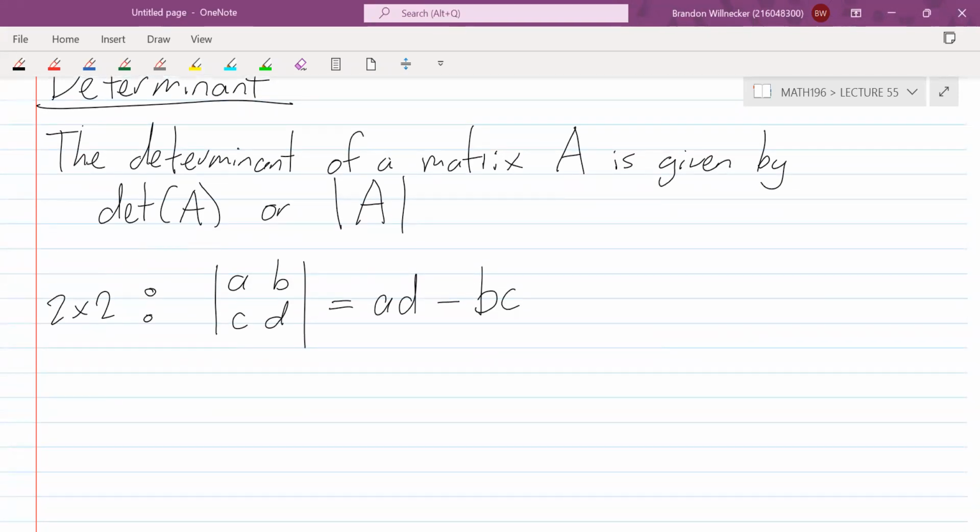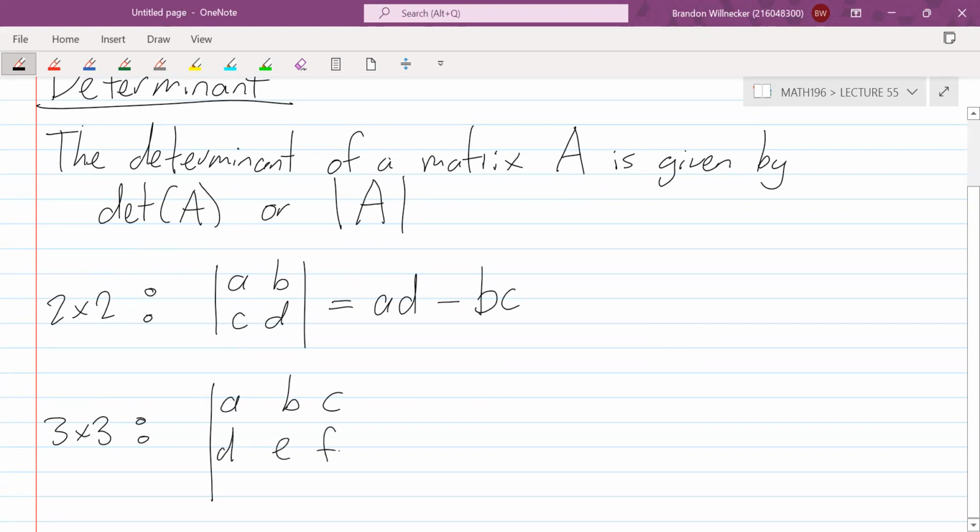Okay, now we are going to extend this step by step to an n by n matrix. So let's look at a 3x3. Okay, so now we're looking at the determinant of A, B, C, D, E, F, G, H, R. Again, it has to be some square matrix, so here, 3x3. This is equal to A, which is this first entry here.